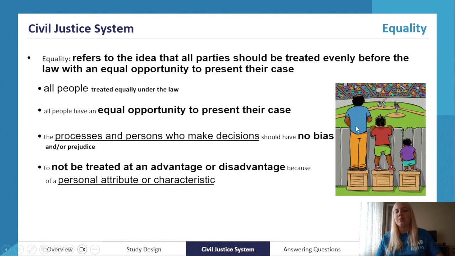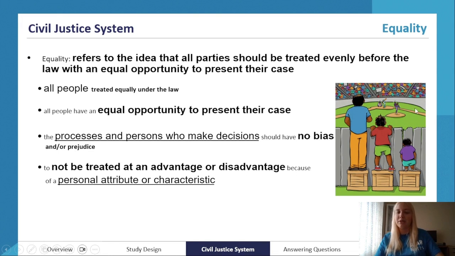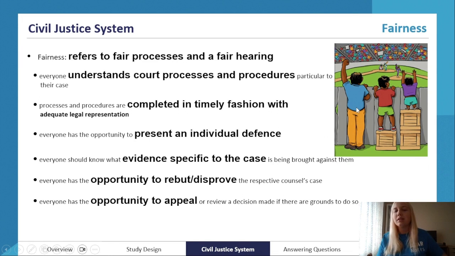And that's why we've got this image of this small child who still cannot see past the fence because all of them only get one box to stand on. Okay? So equality takes people as they are, the same. For any disadvantages or personal attributes to be corrected, that happens with fairness because fairness tries to make sure there's no bias.